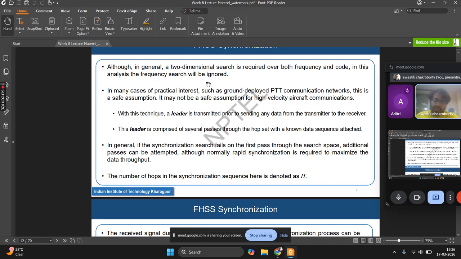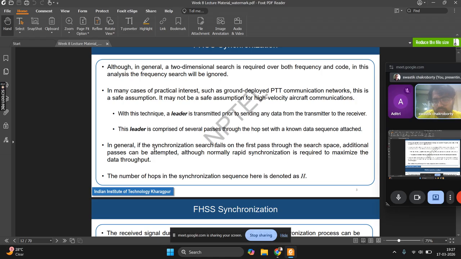In general, there will be a pilot, and that pilot will hop through many frequencies, and it will see where it locks. If it locks on a particular frequency, then you can be certain about the frequency range. That is the leader or the pilot.